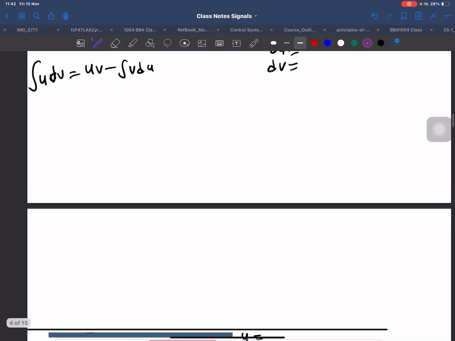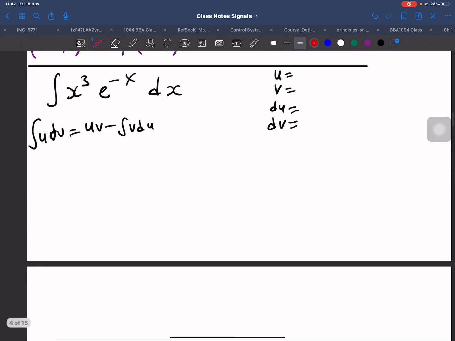What do you do here? Find u. U is going to be x cubed, and then du is going to be 3x squared. Remember our way, it's going to bring 3 in front and then reduce the power by 1.